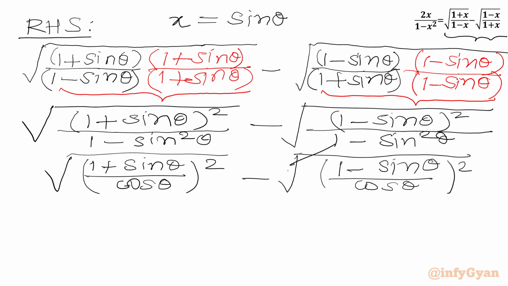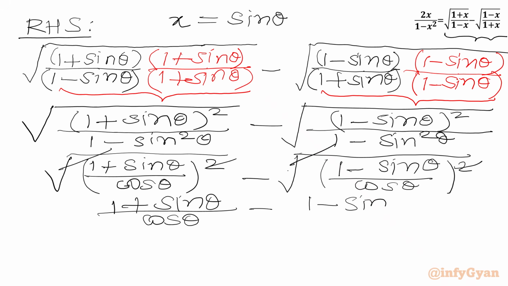Now the square root and the square will cancel, and we are going to get the radical free terms. I will write here 1 plus sine theta over cos theta minus 1 minus sine theta over cos theta.